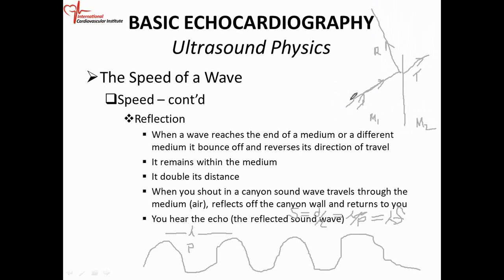Where the incident wave strikes the boundary, you draw a perpendicular. So that's 90 degrees. You draw a 90 degree angle, and the angle of incidence is the angle that the incident wave makes with the perpendicular. So this is the angle of incidence, this angle right here. Okay. So the law of reflection says that this angle right here is going to equal this angle. So this is the angle of reflection. This is the angle of incidence, I.